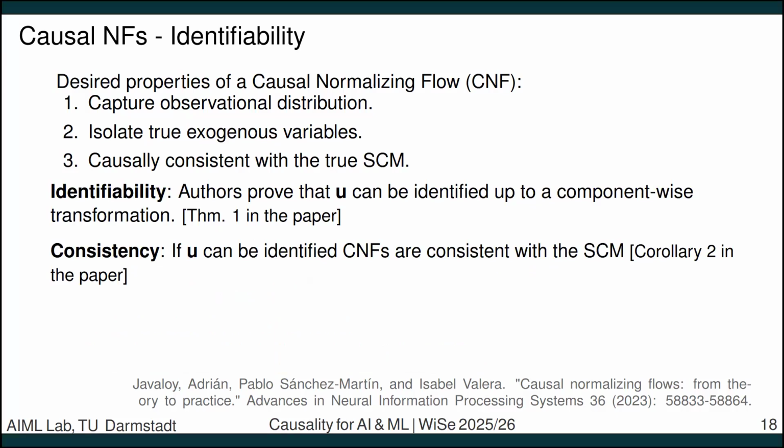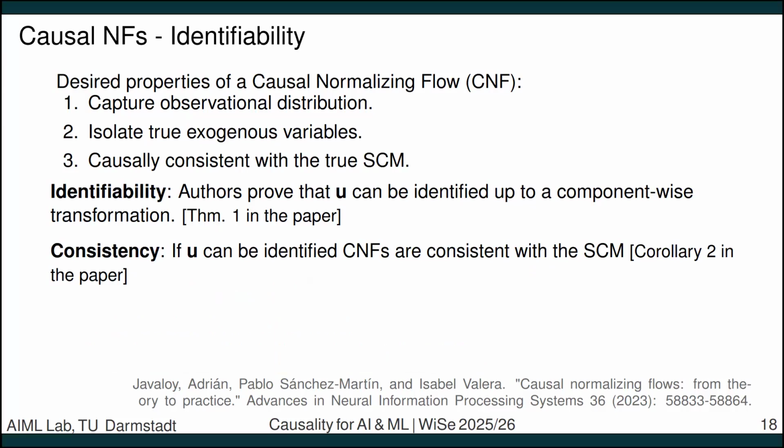So the theoretical results that we get are that the U's, our Gaussian noise, can always be identified up to component-wise transformation. So basically what this means is that we get the right ordering of U's.